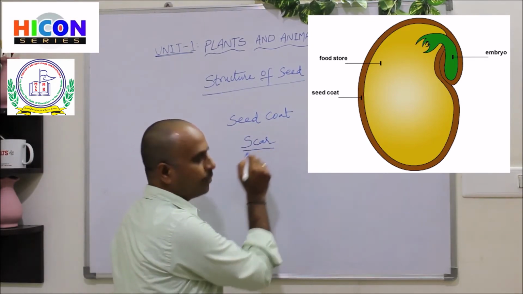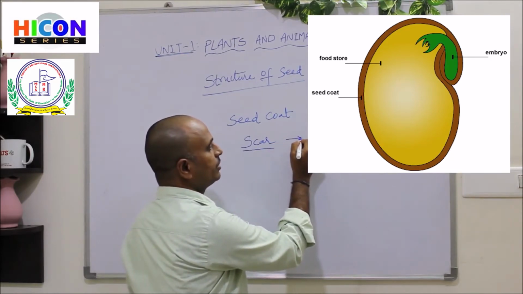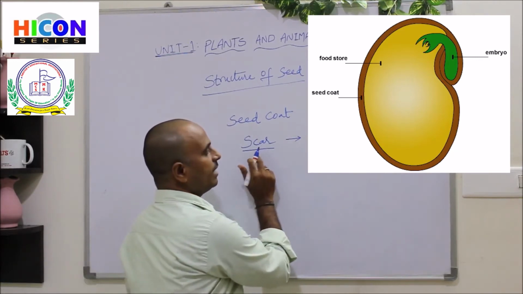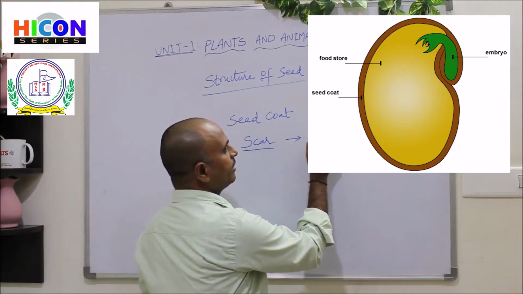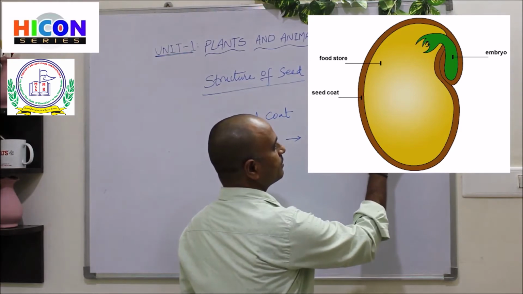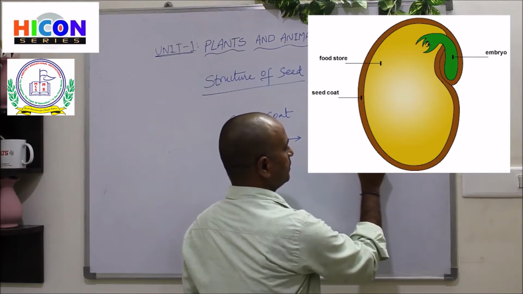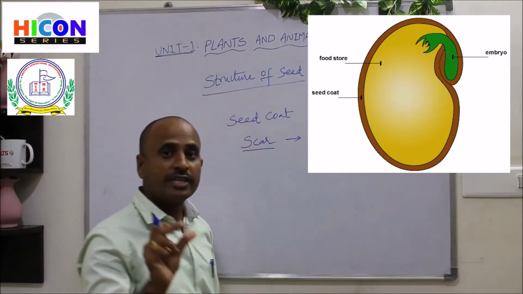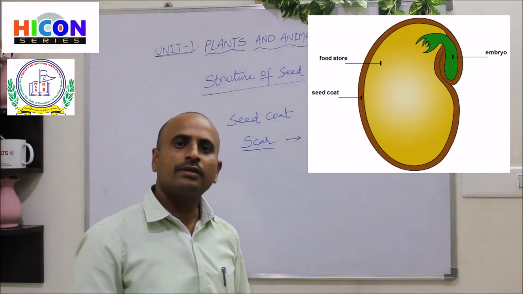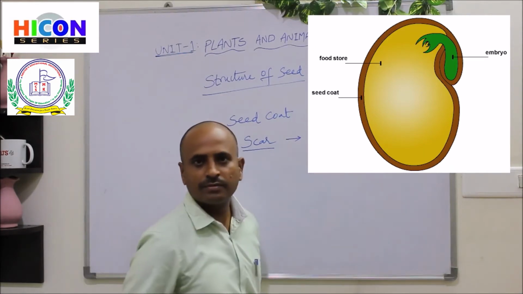This scab is the part at which the seed is attached to the fruit. So at one side of the seed there is a scab, the part at which the seed is attached to the fruit.